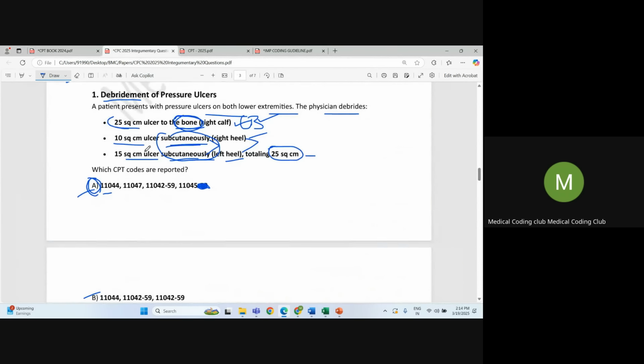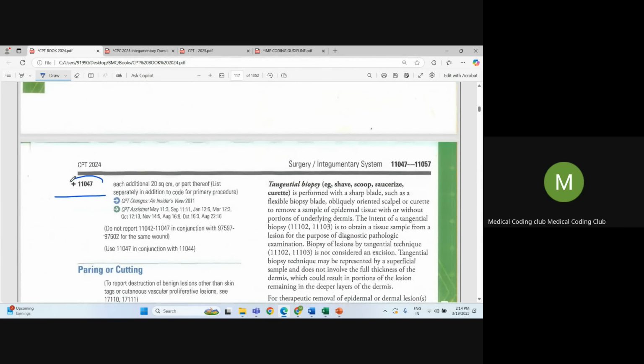In our question, we have 25 square centimeters. That's why we need to utilize the add-on code for the bone, 11047, which covers each additional 20 square centimeters or part thereof.